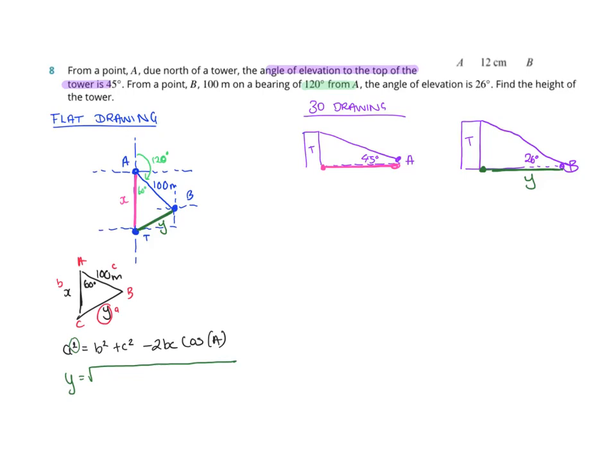I'll put in all the formulas. So for us, b is x squared plus c is 100 squared minus 2 times x times 100 times cos 60 degrees.